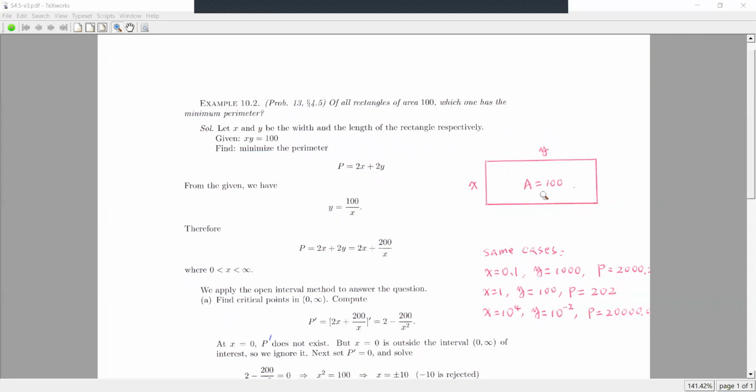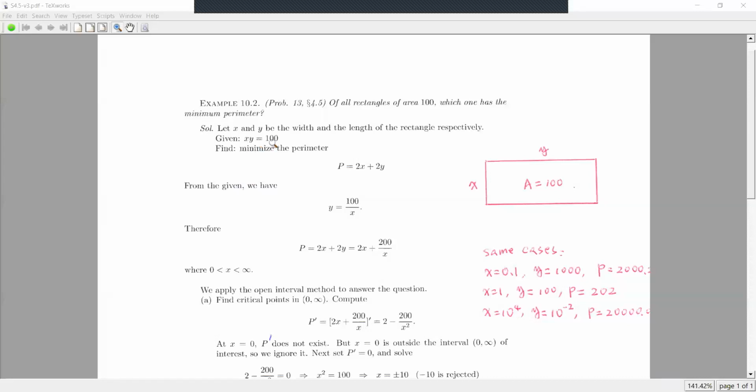It is a constant. By the area formula of a rectangle, we have this equation: x times y is equal to 100. Then we need to determine x and y so that the perimeter is minimized.